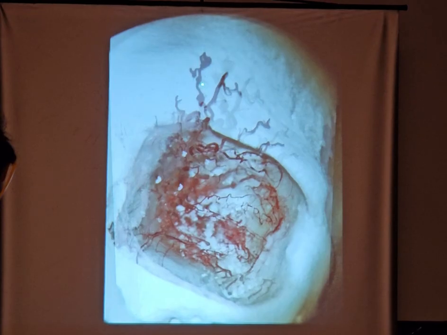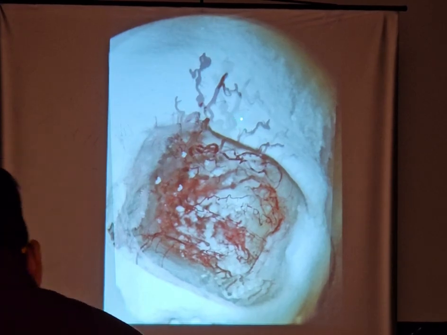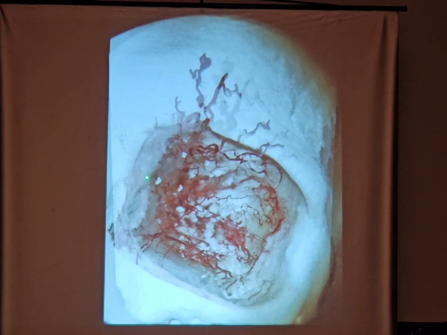A superior branch, the supraorbital artery, passing in the supraorbital groove and supplying the forehead. And a second branch that has been cut here, the supratrochlear artery, passing over the trochlea of the superior oblique muscle.